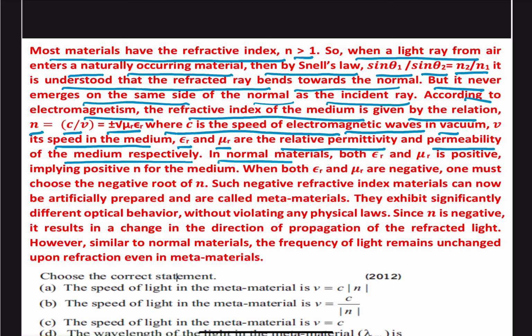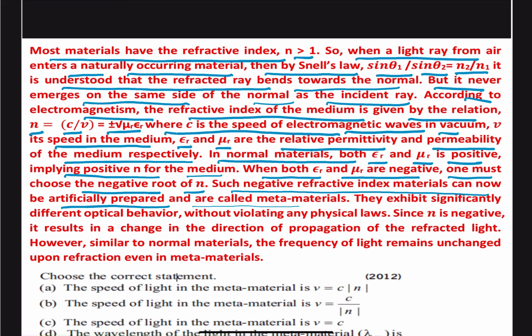In normal materials, both epsilon r and mu r are positive, implying positive n for the medium. When both are negative, one must choose the negative root of n. Such negative refractive index materials can now be artificially prepared and are called metamaterials.